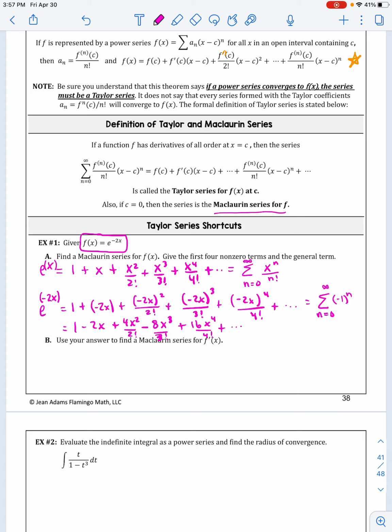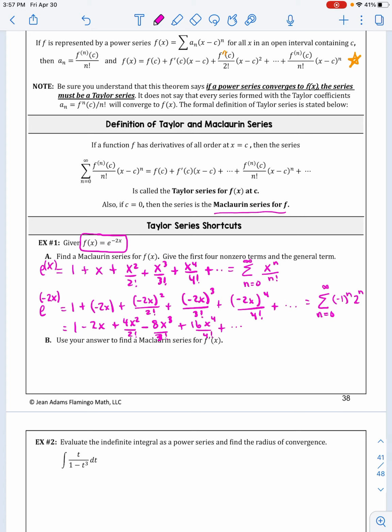And so our summation for this, from n equals 0 to infinity, I know that it is going positive, negative. So I do want a negative 1 to the n or a negative 1 to the n plus 1 or something. Notice that this 2 is 2 to the 1st, this 4 is 2 to the 2nd, this 8 is 2 to the 3rd.